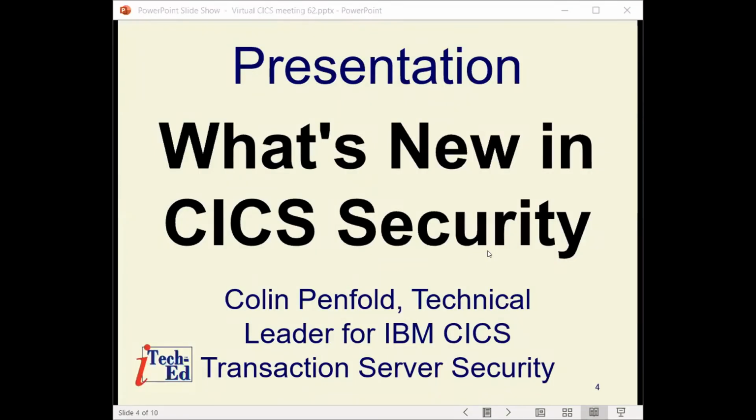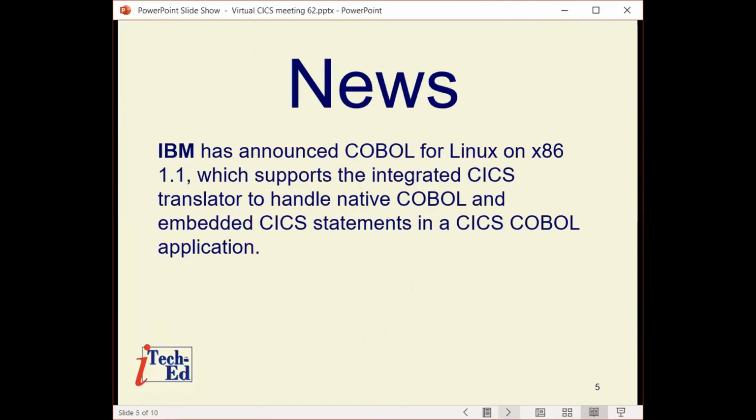I've got a couple of slides to go through. So news, well, slightly old news, but IBM has announced COBOL for Linux on x86 1.1, bringing IBM's COBOL compilation technologies and capabilities to the Linux on x86 environments. COBOL for Linux on x86 supports the integrated CICS translator to handle native COBOL and embedded CICS statements in a CICS COBOL application.